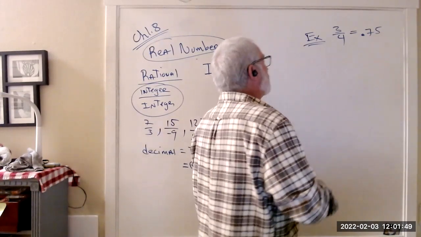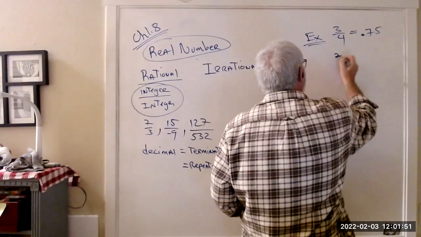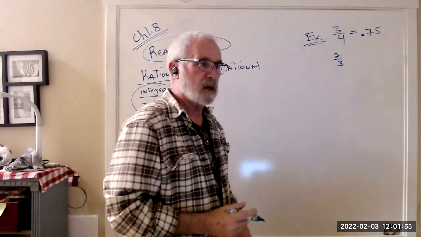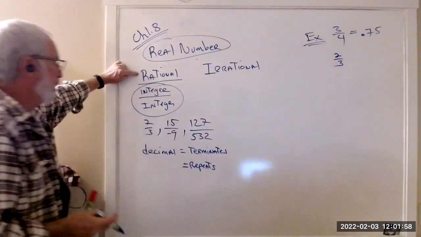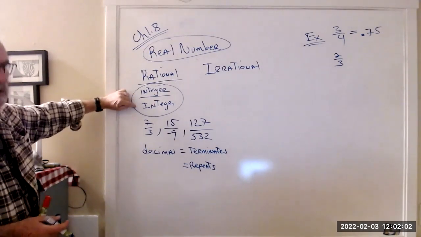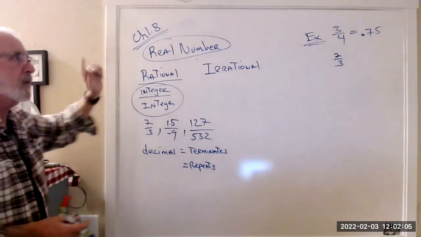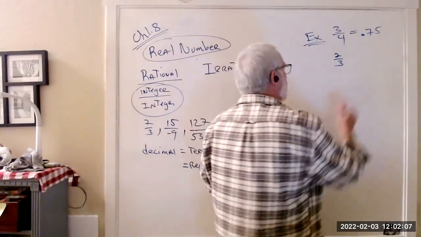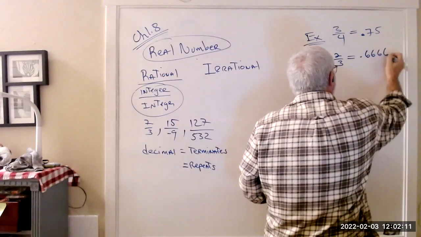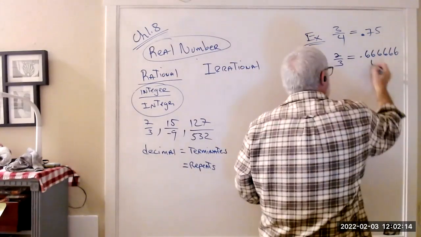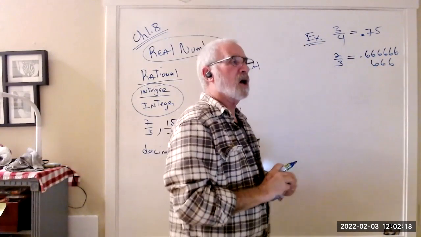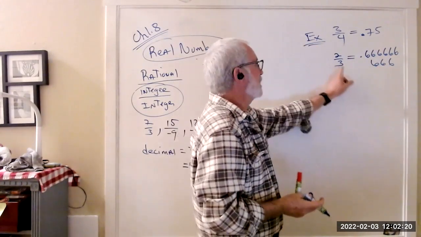Okay. But we also have seen something like 2/3. That's still a rational number because it's still a normal integer divided by a normal integer, no problem. But when you look at its decimal on your calculator, you get this point, and then you get a whole bunch of 6s. And this is called a repeating decimal.